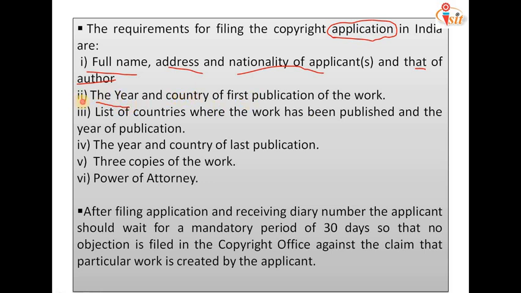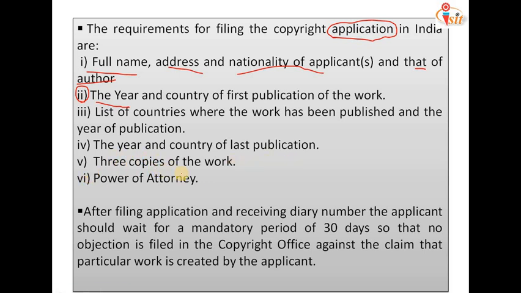If you have already published your book in some country in the year 1999, then you have to mention the year and the country of the first publication of the work. Then the list of the countries where you want to publish your work and get the protection. Then the year and the countries of last publication you have to mention.